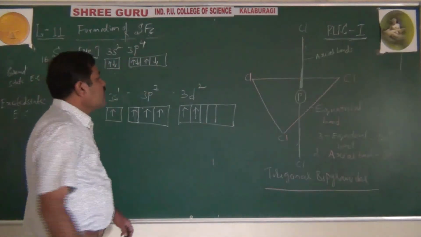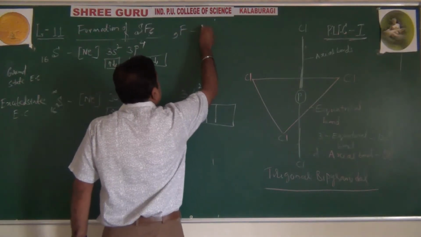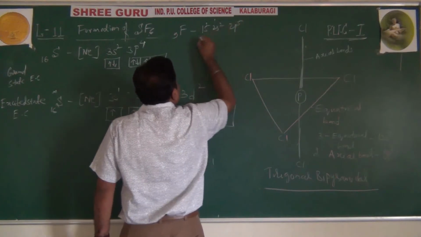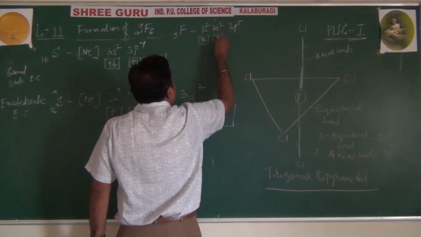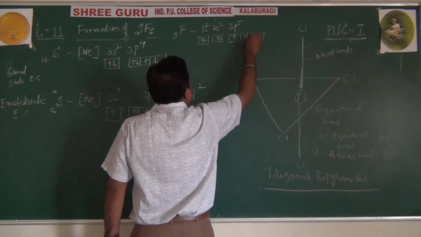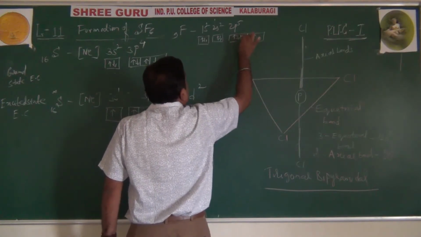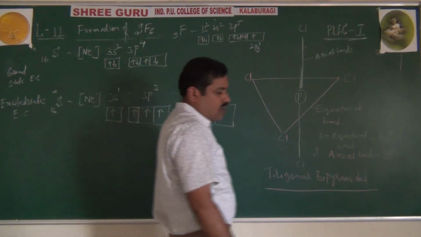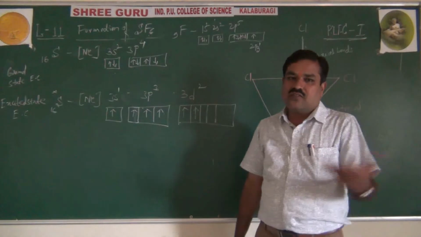Now one fluorine atom, atomic number 9, contains 1s2, 2s2, 2p5: 2px2, 2py2, then 2pz1 according to Hund's rule, what you studied in atomic structure, which I have explained.